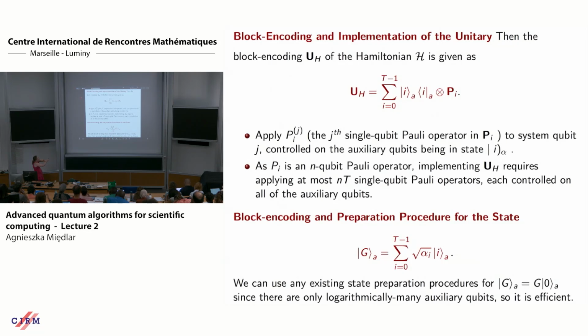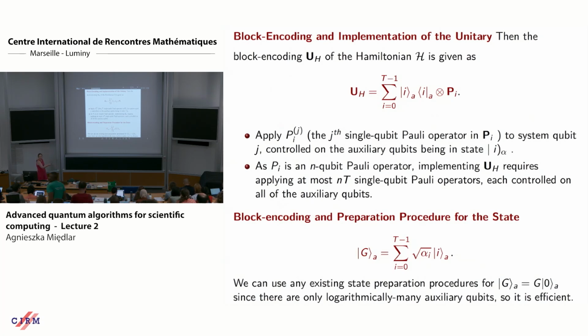Okay, what do we need? We need to block encode and implement this unitary matrix. So this is our unitary matrix that corresponds to the block encoding of our Hamiltonian. This Hamiltonian has Paulis, so this is how you can do it. Any block encoding. This one is in particular simple because of the structure of the Hamiltonian, but you have to be able to do this. Block encode your operator, not a surprise. You also have to be able to prepare the state.